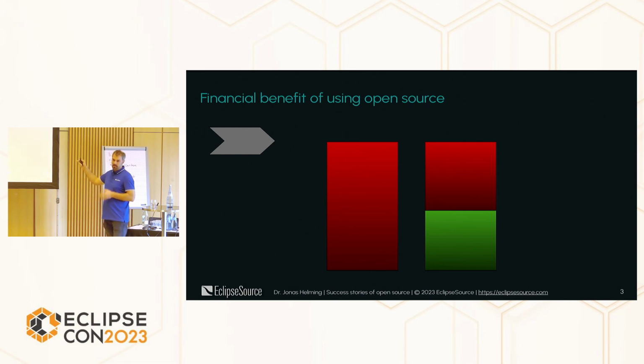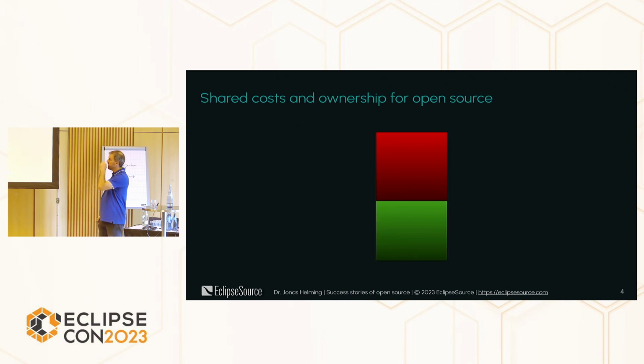Now, is this the full truth? Do we only have to pay for the red part? No, it's not, because somebody needs to take care of the green part too. In an ideal world, and that should be the goal of open source from my point of view, the red part is ours, we fully pay for that and fully take care of that, while the green part is open source, and we take care of a small fraction of the green part.